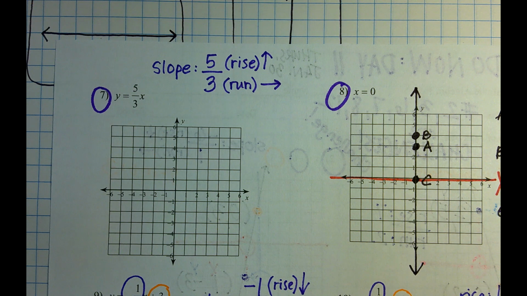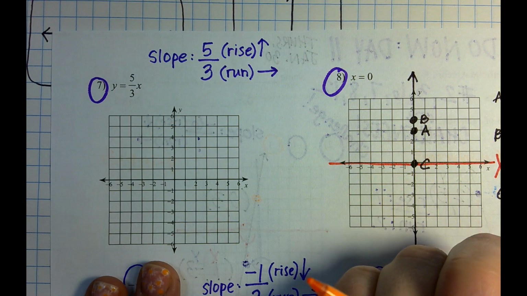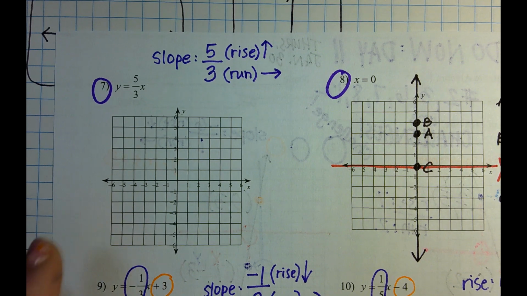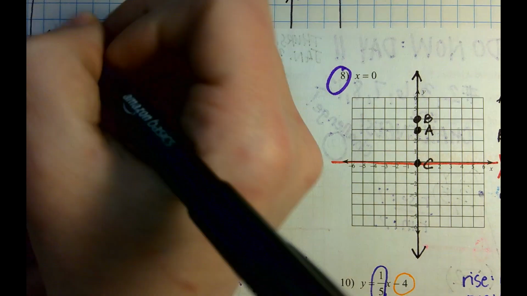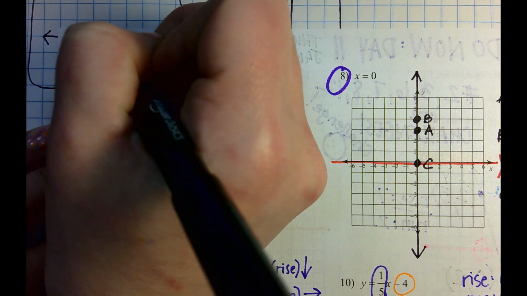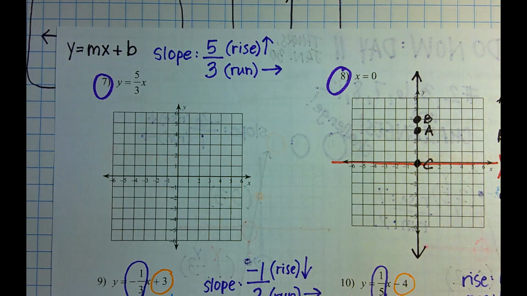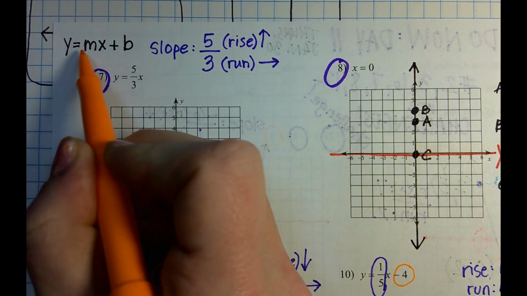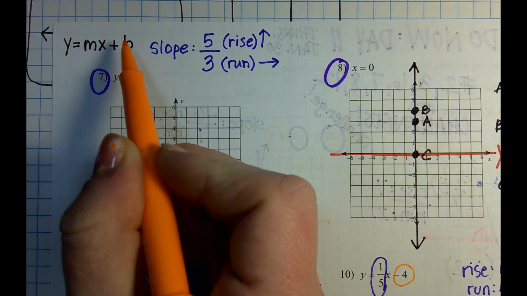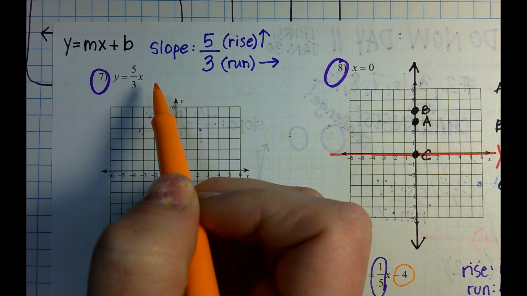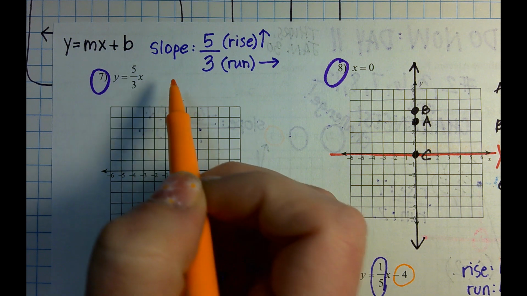If they don't give you plus something or minus something, what's happening here is, in the equation y equals mx plus b, 5 over 3 is our m. Our b must be 0.